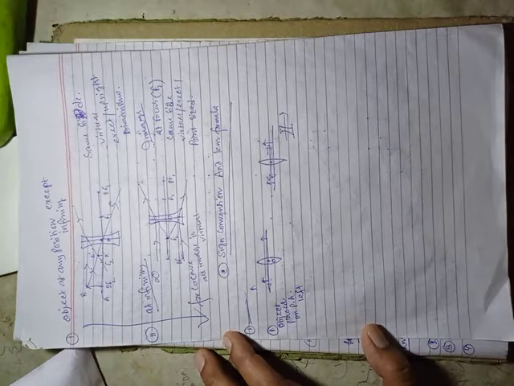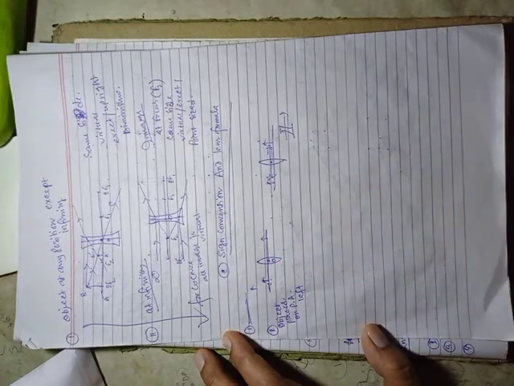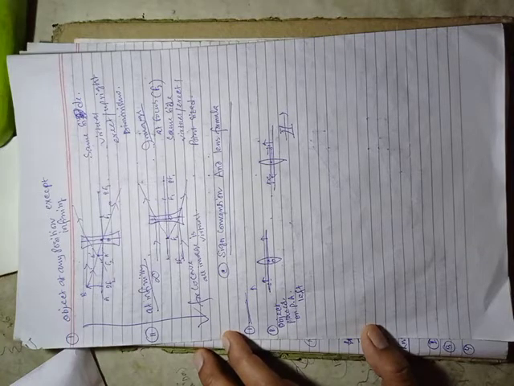Whenever a numerical is given that an object is placed 10 centimeter away, that means on the left side, 10 centimeter from the optical center of the given lens, concave or convex, whatever is given. Now the third point: all distances are measured along the principal axis from the optical center of the lens.